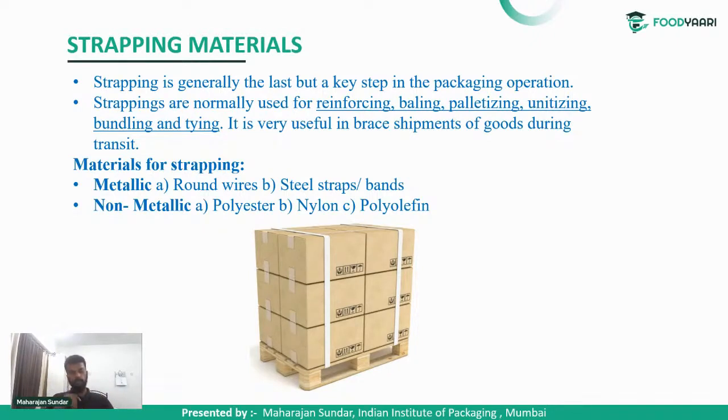Mostly, it is packed in polyester based material or nylon material or polyolefins material. These materials give better stacking, and they provide the container stability, so it does not shake during handling or transportation.